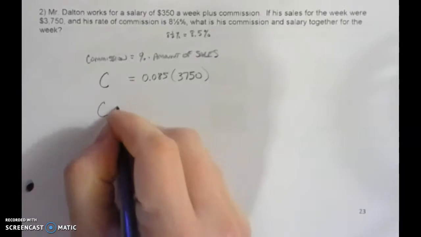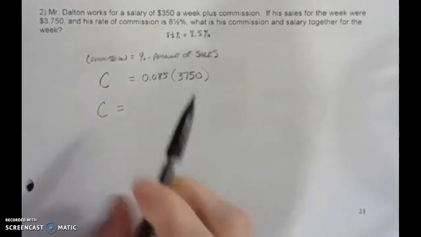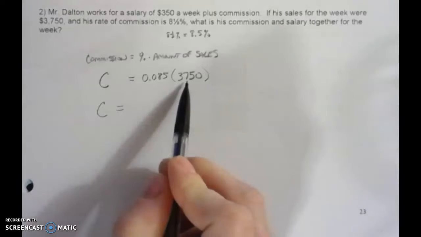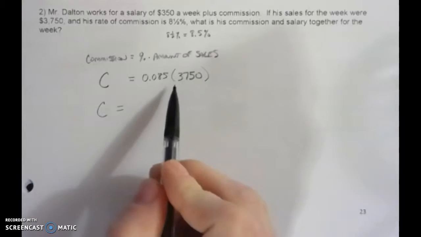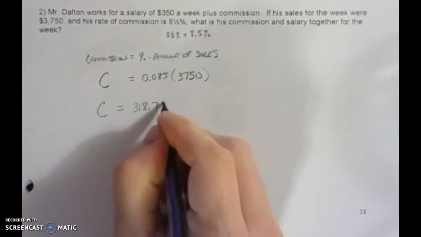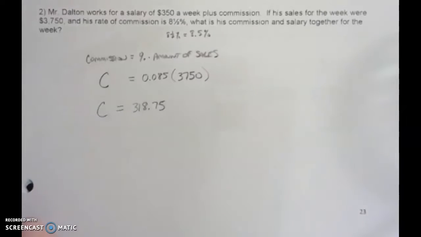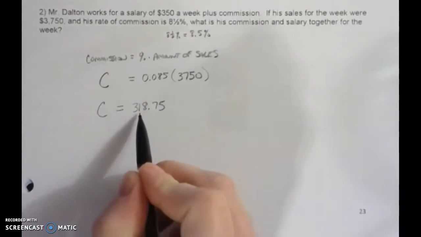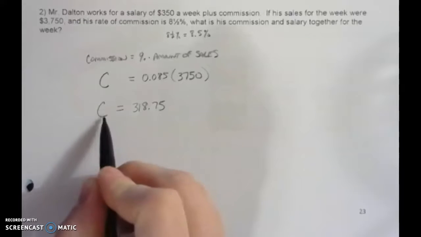So C equals, if you go ahead and do the multiplication, 85 thousandths times 3,750, punch that into your calculator, you should end up with 318 75 hundredths, which we know in money would be $318.75. That's the amount of the commission that Mr. Dalton earned.